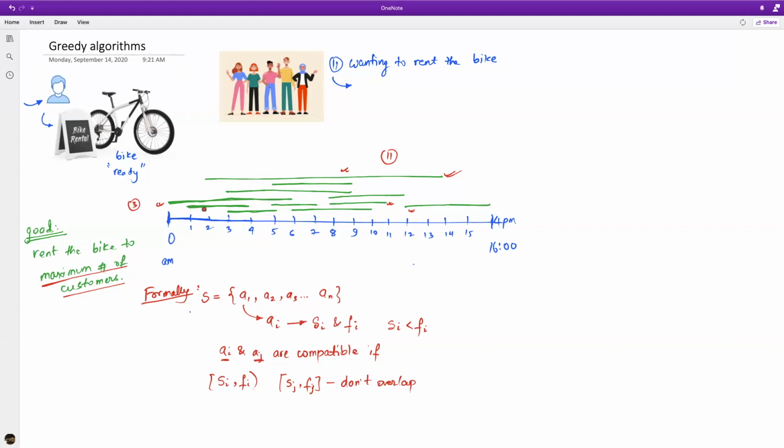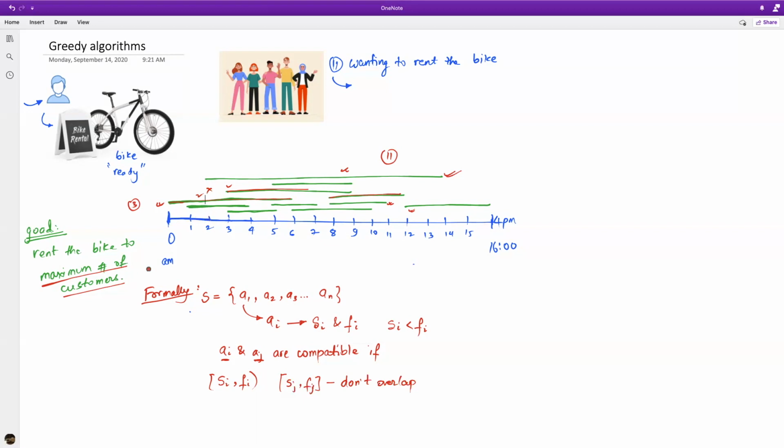So here, activities such as this one and this one are compatible, whereas activities such as this one and the second one are not compatible because they overlap. In other words, for two activities to be compatible, we should be able to share our resource, in this case the bike, with both activities.